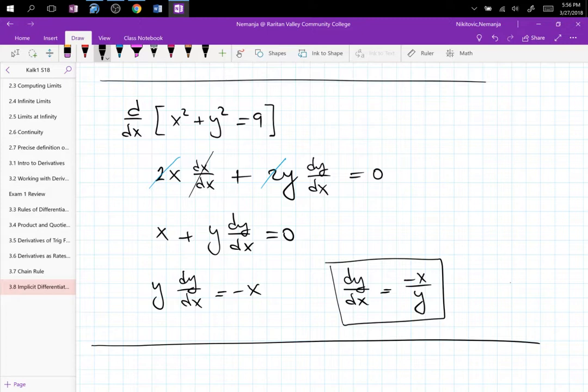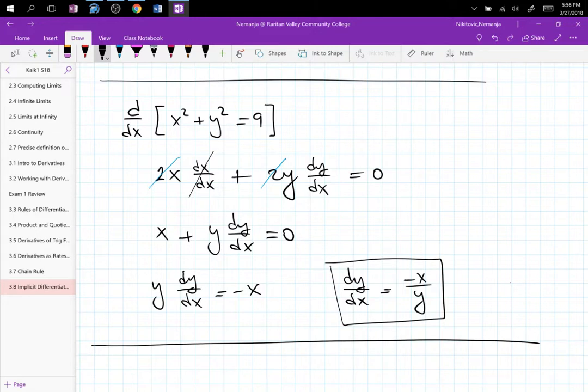Now you will have to plug in the x and y coordinates of the point to find the slope for the tangent line. But you have the derivative. So if I supply you with any point on the circumference of the circle, you will plug that point in, x for x and y for y, and come up with the slope for the tangent line.